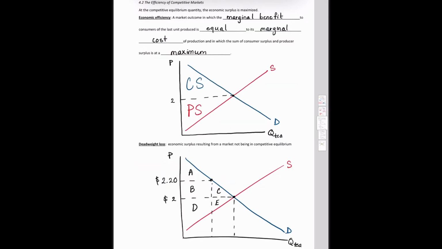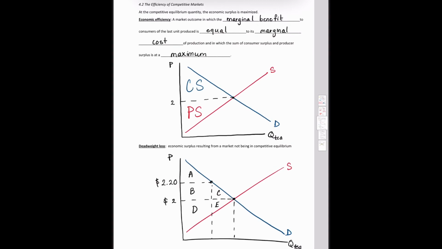So let's move on to efficiency of competitive markets. We want to think about market efficiency in two ways. A market is efficient if trades take place where marginal benefit exceeds marginal cost and no other trades take place. A market is efficient if it maximizes the sum of consumer and producer surplus.